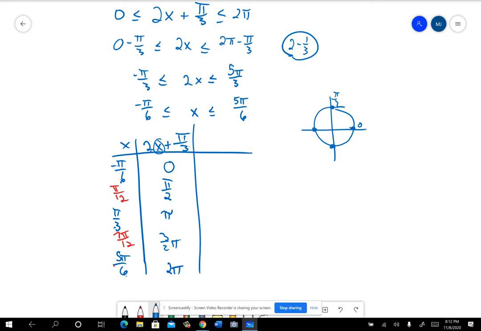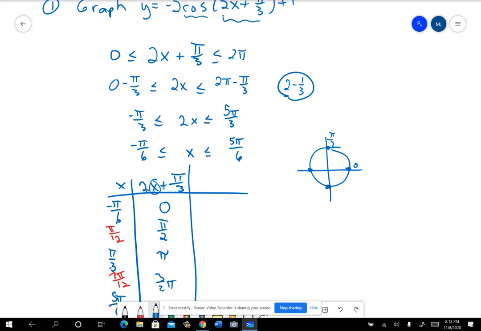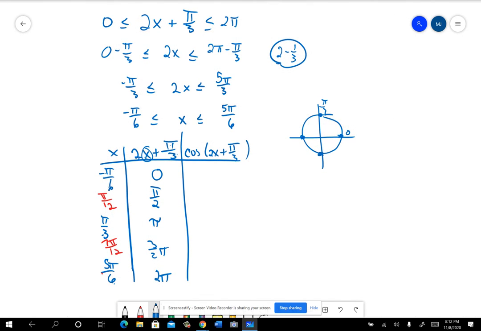All right, so now we were doing cosine of that, I think. Is that what I was doing? Yeah, so we were graphing the cosine of that. But because of the values we picked for our input, we really are doing the cosine of 0, which we know because we know these quadrantal angles and what those ordered pairs turn out to be.